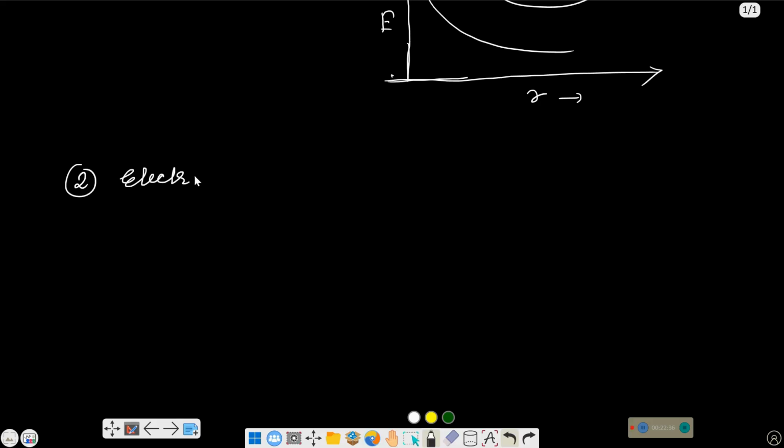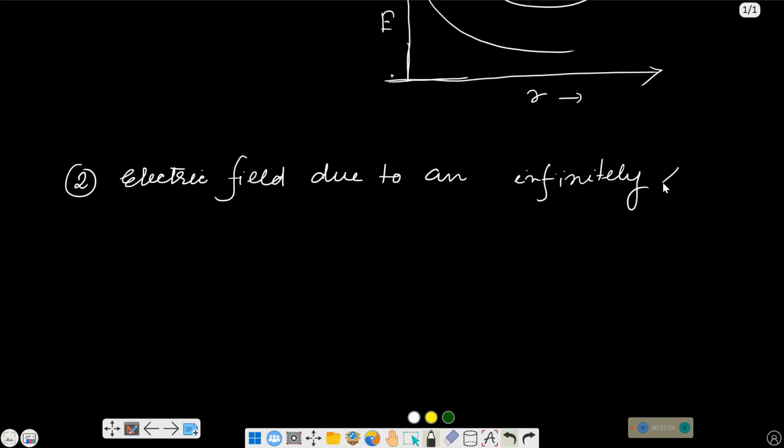So next application is the electric field due to an infinitely long charged sheet or surface.